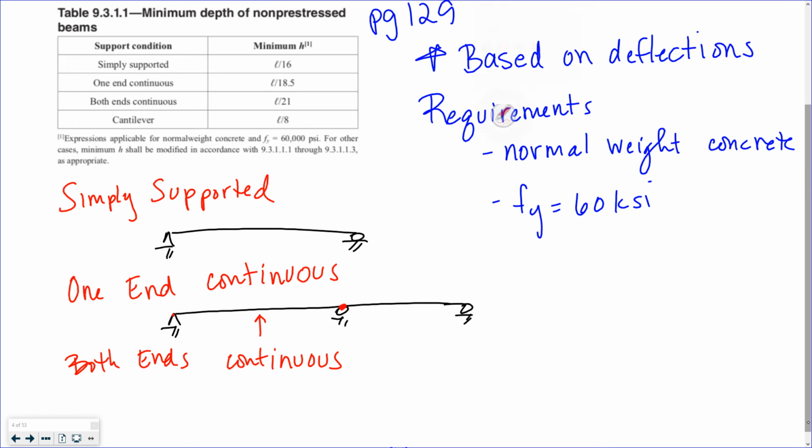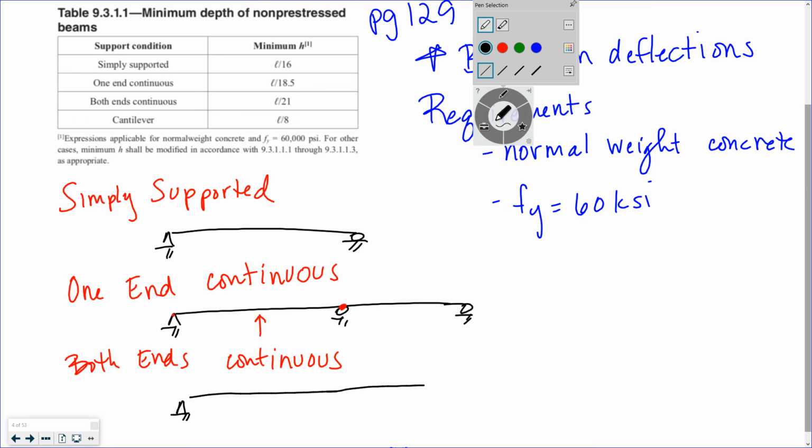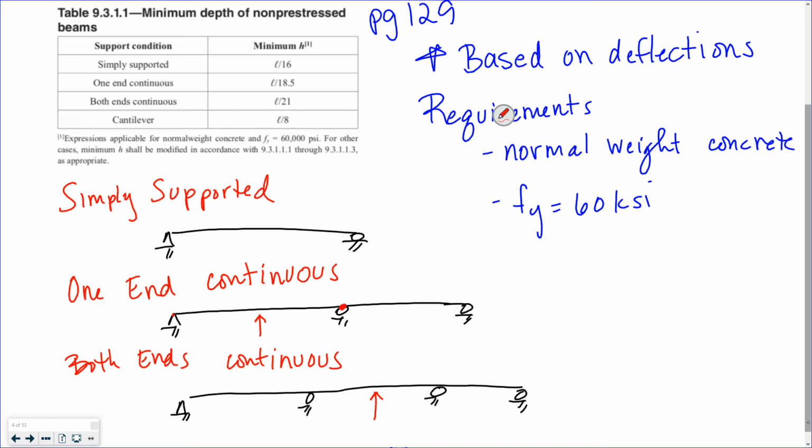Both ends continuous. It'd be like if we're looking at like a 3-span, and we're looking at the center span. Right. And imagine these supports are columns.